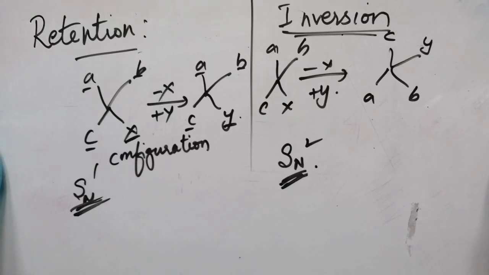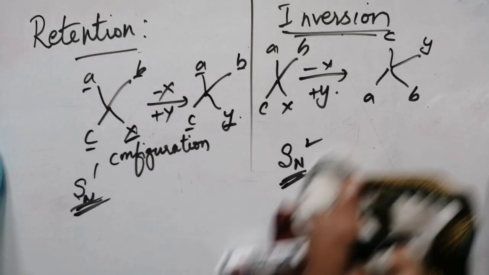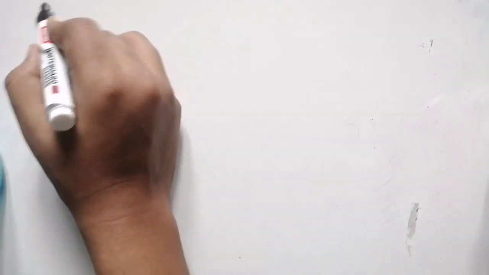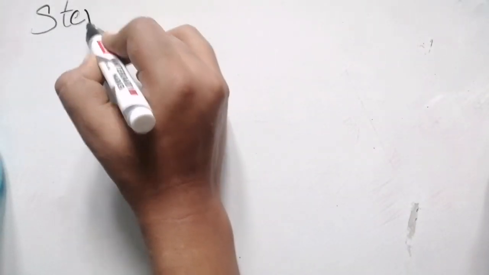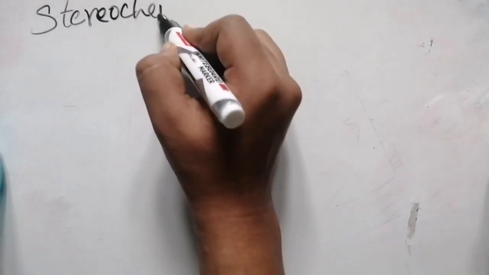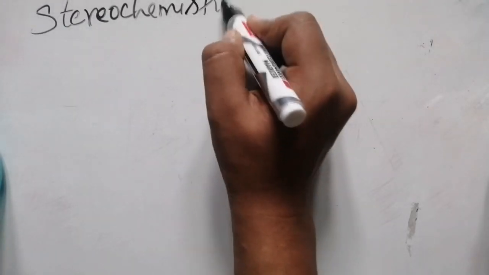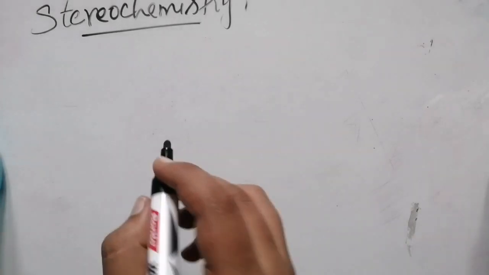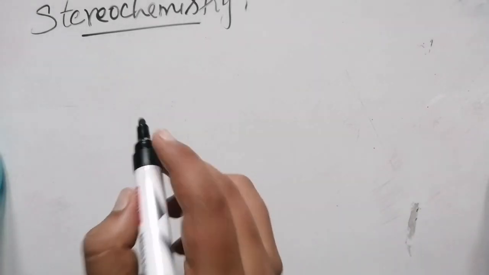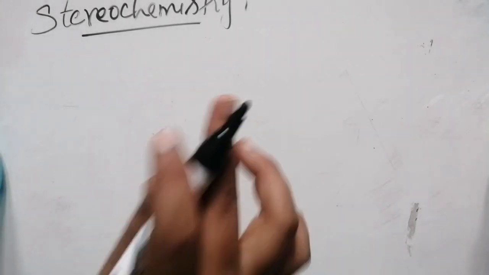Next, the last topic of optical activity is the stereochemistry of SN1 and SN2 reactions. First of all, what does stereochemistry mean? Stereochemistry means the study of the spatial arrangement of atoms in a compound.